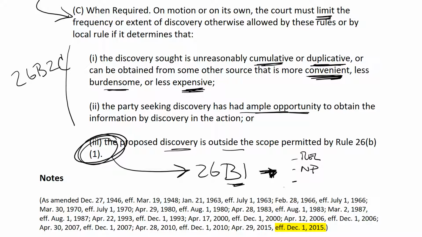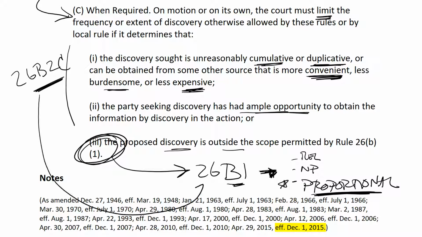And additionally, and most importantly here, the discovery sought should be proportional to the needs of the case, right? And what's odd about 26(b)(2)(C) is that it incorporates 26(b)(1), yet the requirements of 26(b)(1) seem awfully similar to the requirements of 26(b)(2)(C). So, kind of go figure. I'll let you look at 26(b)(1) and compare it to 26(b)(2)(C) on your own. You come to your own conclusion.